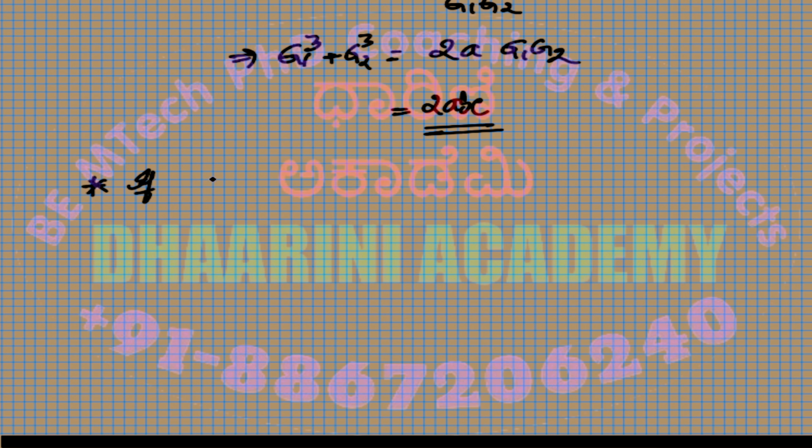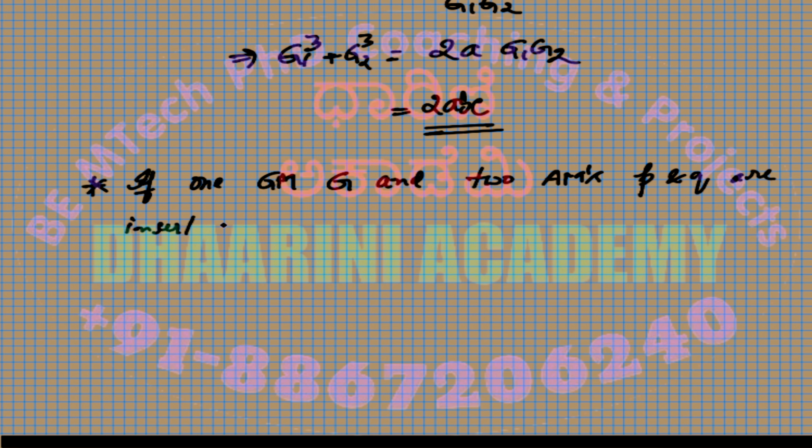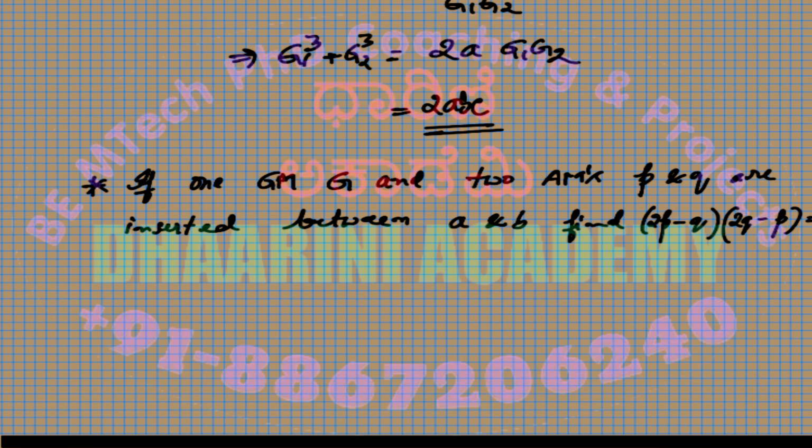If one geometric mean, capital G, and two arithmetic means, that is P and Q, are inserted between A and B, find the value of 2P minus Q into 2Q minus P equals to how much?